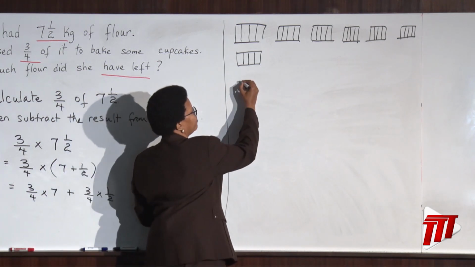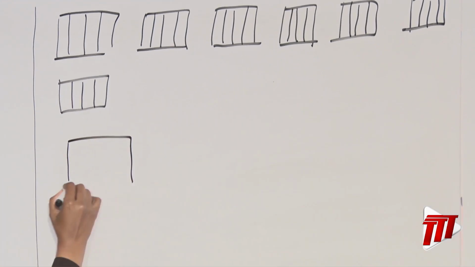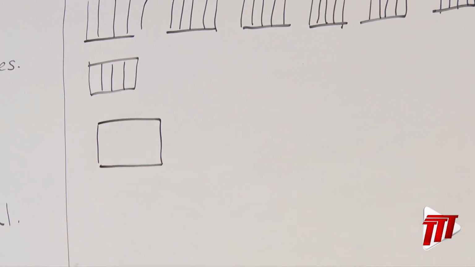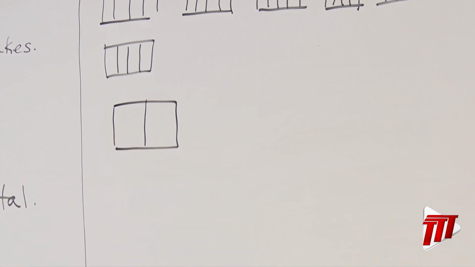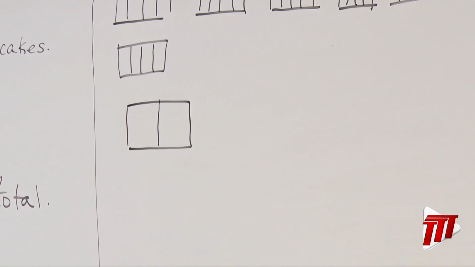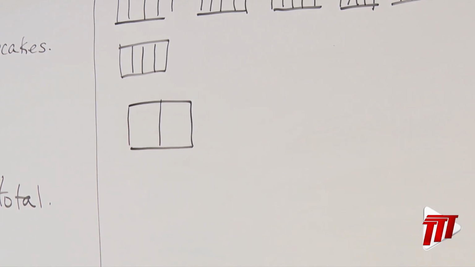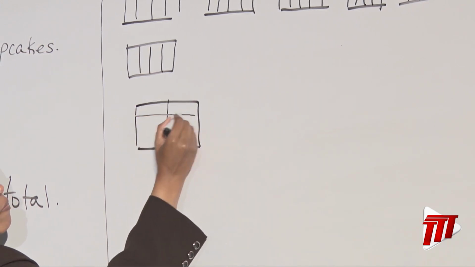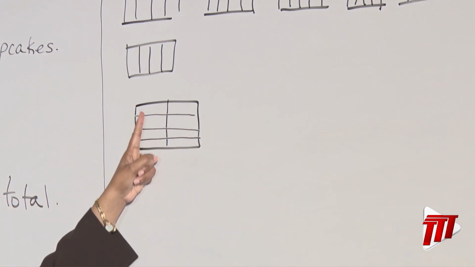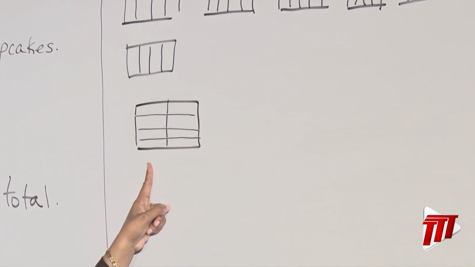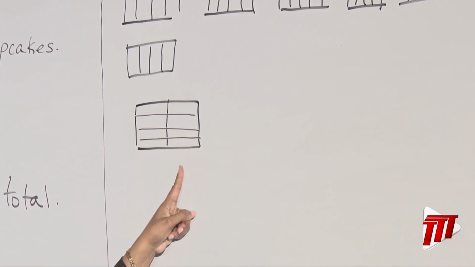We have the whole. We can divide the whole into 2 halves. Let's divide the halves into 4 equal parts each. Can you see 1/2 divided into 4 equal parts, another half divided into 4 equal parts?